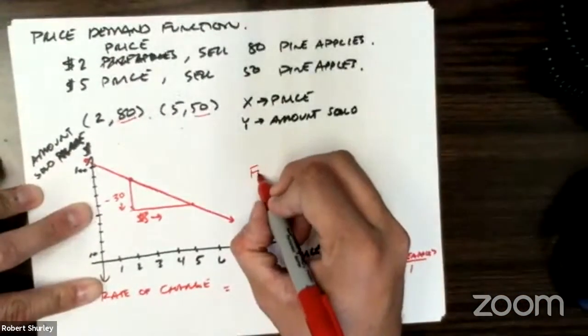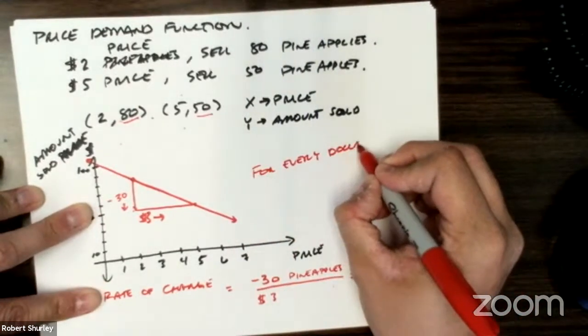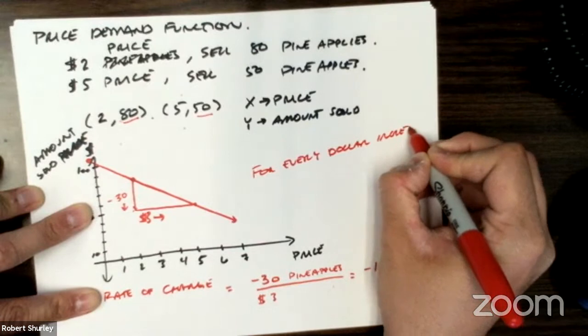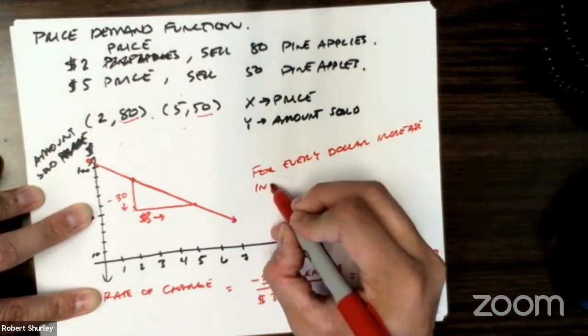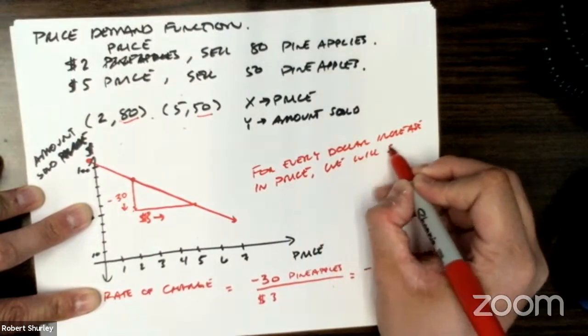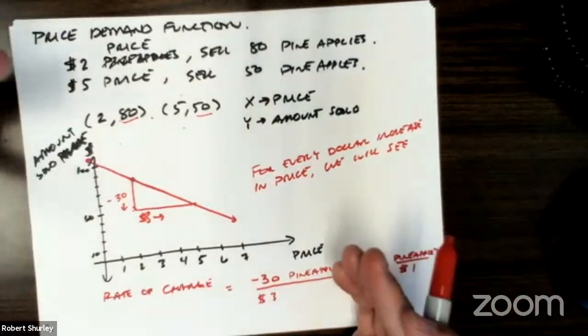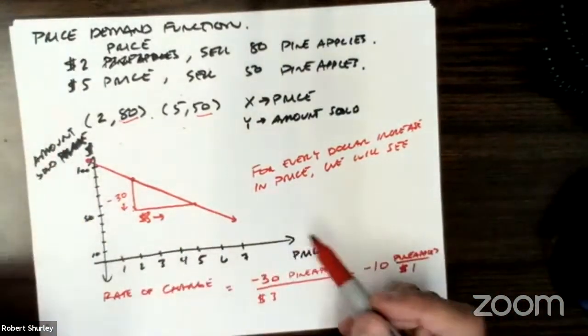Okay, I'm going to write that down. For every dollar increase in price, we will see, and I should say we should see, right? This is not perfect. If you try this in the real world, you're not going to get perfect things, right?